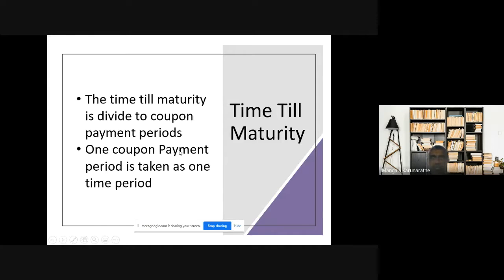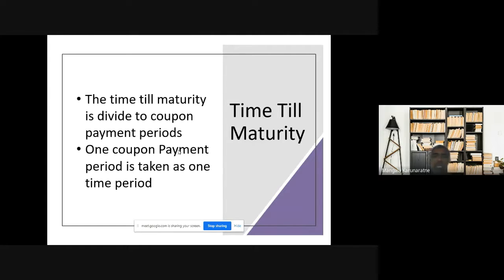Usually they are semi-annual coupon bonds, and for most corporate bonds worldwide, the semi-annual coupon is the most popular one. There can be other coupon periods as well, like maybe 1 month, 3 months, 6 months, 12 months. 6 months is semi-annual anyway.